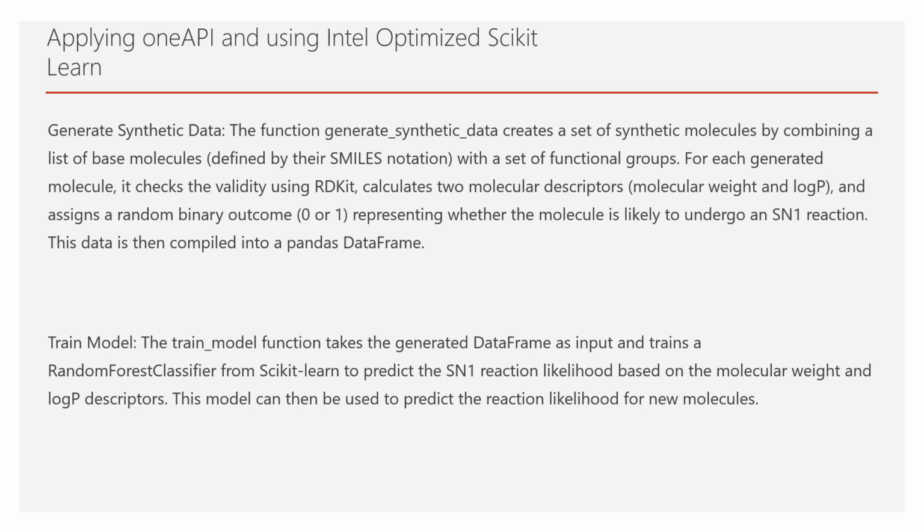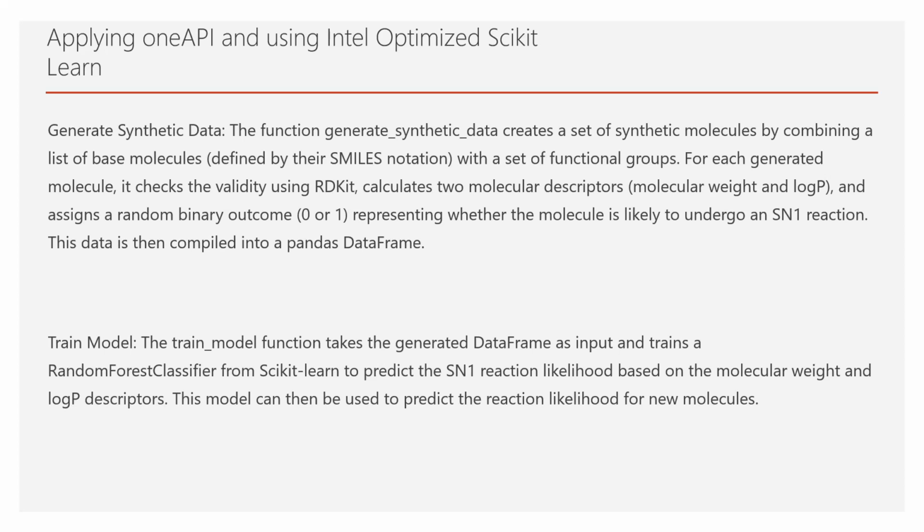For each generated molecule, it checks the validity using RDKit, calculates two molecular descriptors, molecular weight and log P, and assigns a random binary outcome, 0 or 1, representing whether the molecule is likely to undergo an SN1 reaction. This is a very important part. We are representing it as either 0 or 1 in terms of whether it will go through the SN1 reaction or not.